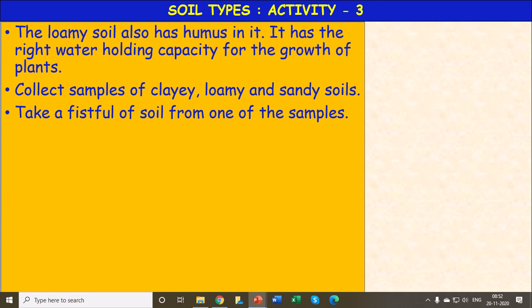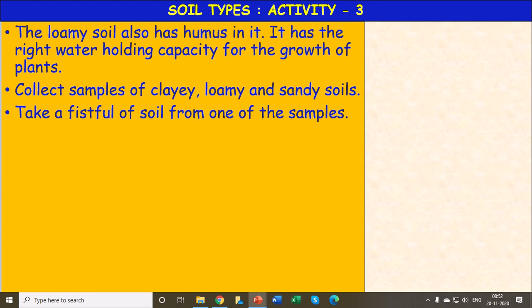Recently, during the Diwali festival you celebrated, small lamps made of clay are used for lighting. So to understand with what type of soil it is made, collect different types of samples of soil like clay, loamy and sandy soils.